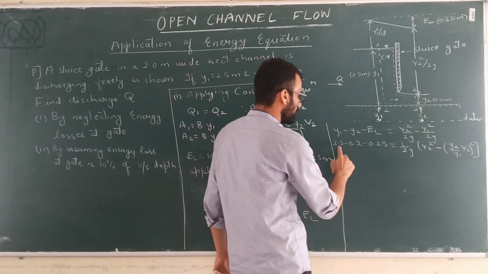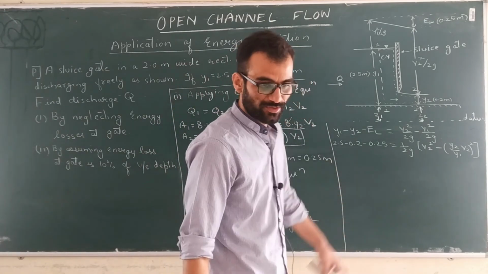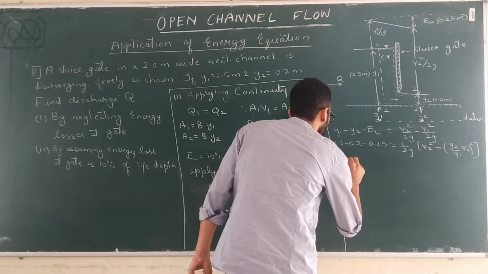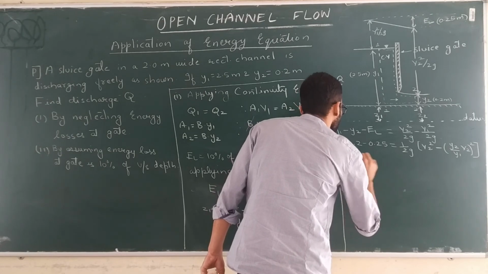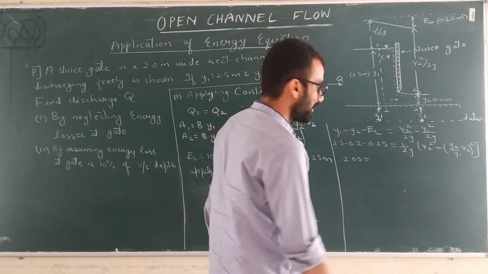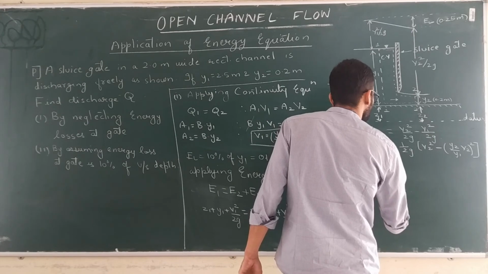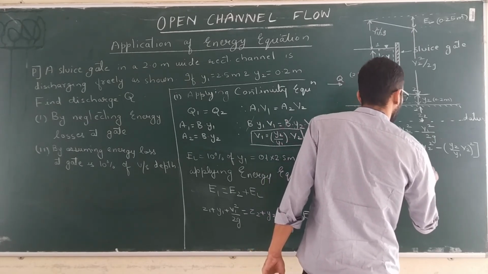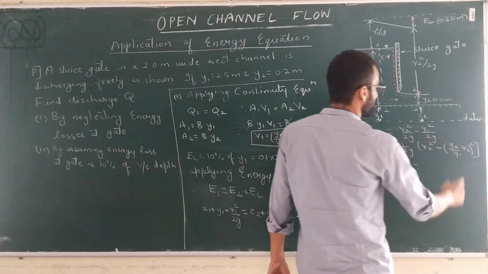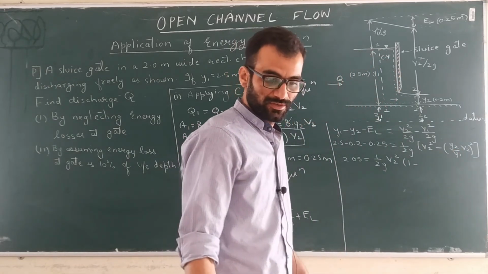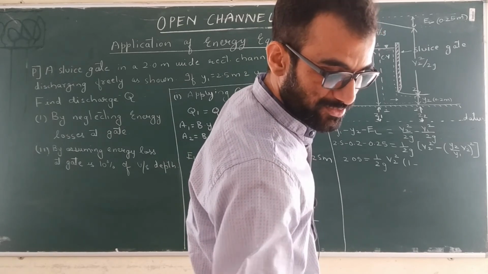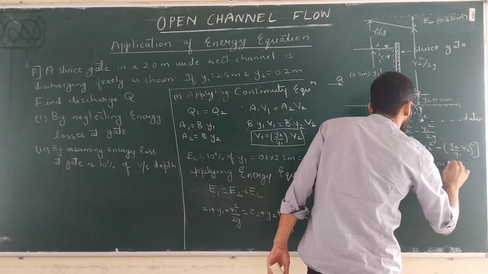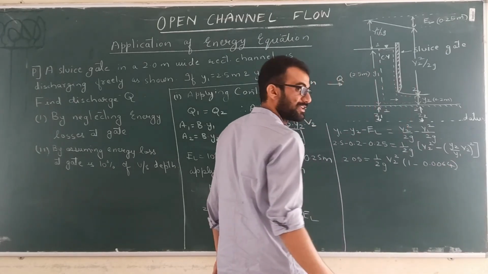Fine. So how much is this? 2.5 minus 0.2 minus 0.25 will give you 2.05. Therefore, 2.05 equals 1 by 2G times V2 square into 1 minus (Y2 by Y1) whole square, that is 0.08 square. So we get 1 minus 0.0064. Directly I am writing the values which I have already calculated.